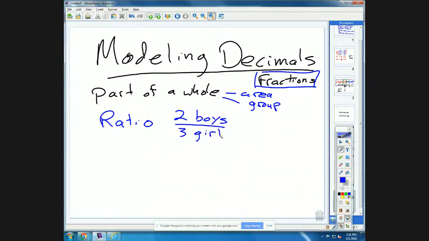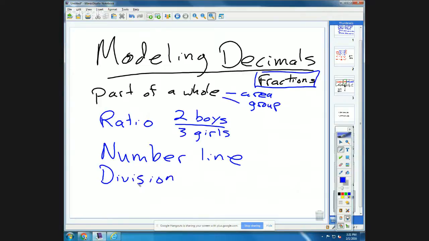That number right there. We have the number line model. Actual division. And those were the 5 I went over. The book gave one more. Does anyone remember the one the book gave that I didn't go over in class? The book also went over probability.